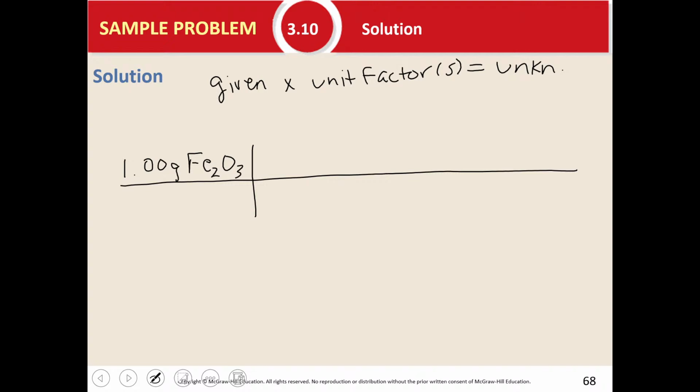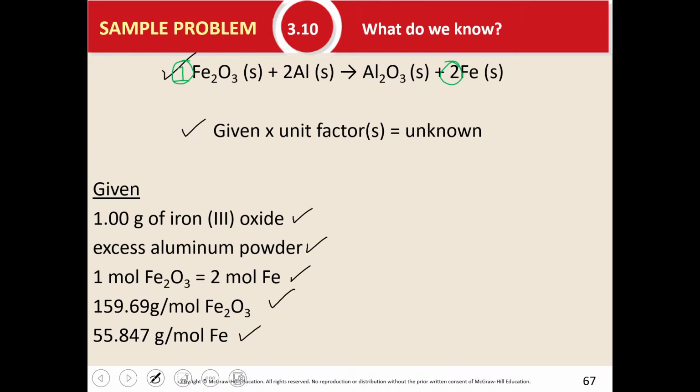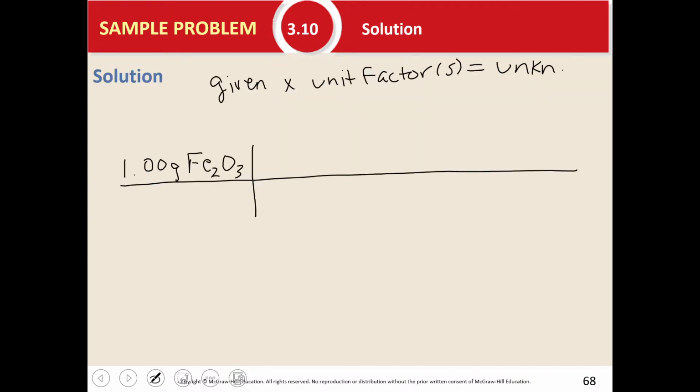So if I have 1.00 grams of iron 3 oxide, the only relationship I have between it and solid iron is the balanced chemical equation here. This is the only relationship I have between them. So the question is, how do I get grams of iron 3 oxide into moles?